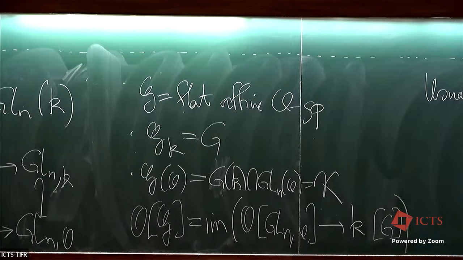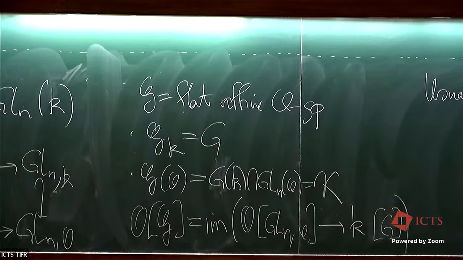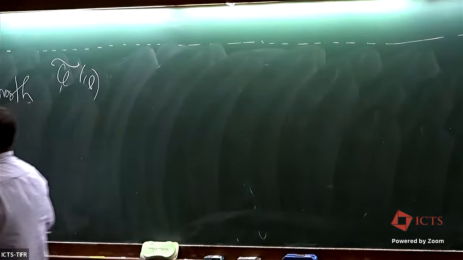Now this might seem like a minor issue, and in some ways it is if one knows a certain tool, but the point is we now have to apply a hammer, which is that there's something called Néron smoothening.